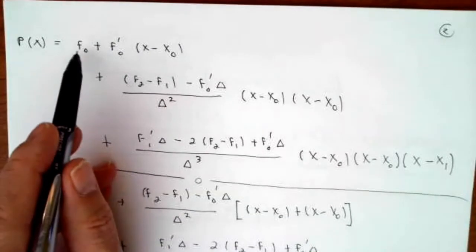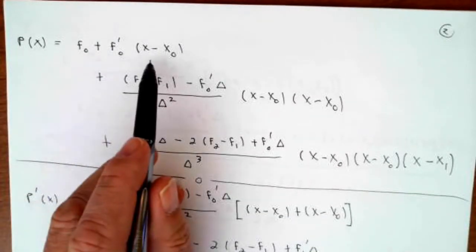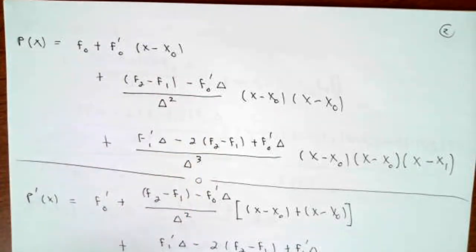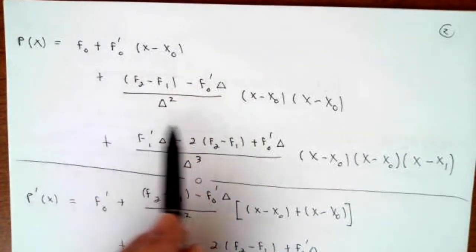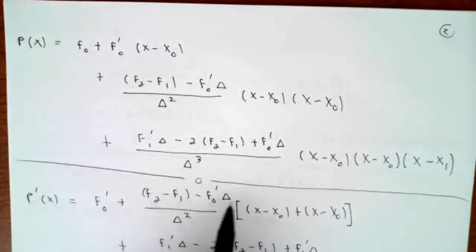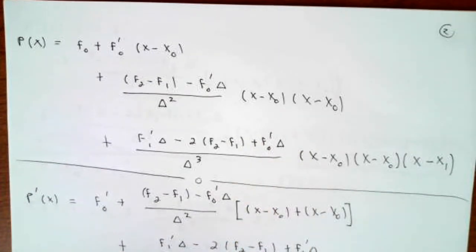The derivative of a constant is 0. The derivative of a constant times x minus x0 is that constant. The derivative of this coefficient is a constant, so I'll just write it down. I've got a product of two things. Using our formula idea from one of the other problems, I'm going to write down some things to add together.